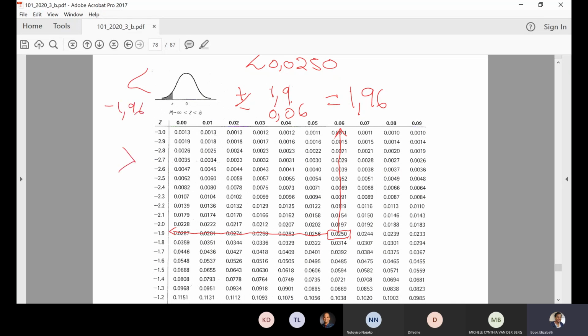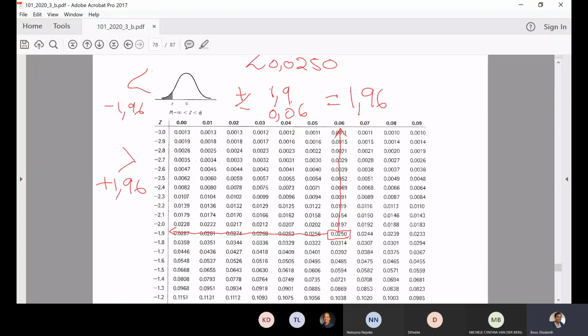If it was greater than, I will take positive 1.96. And that's how the table works. So depending on the type of test you're going to be using, you're going to learn how to interpret the value that you see in front of you. Since this is our critical value, it's plus or minus 1.96.